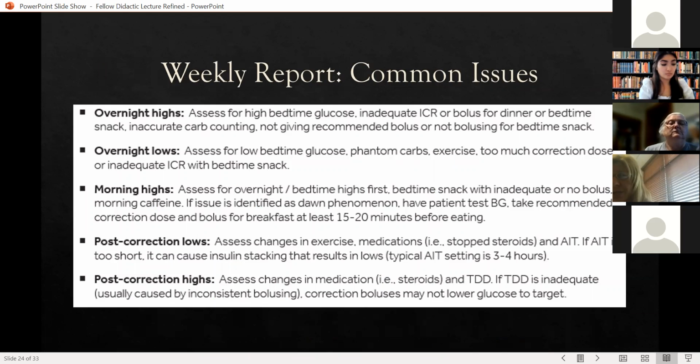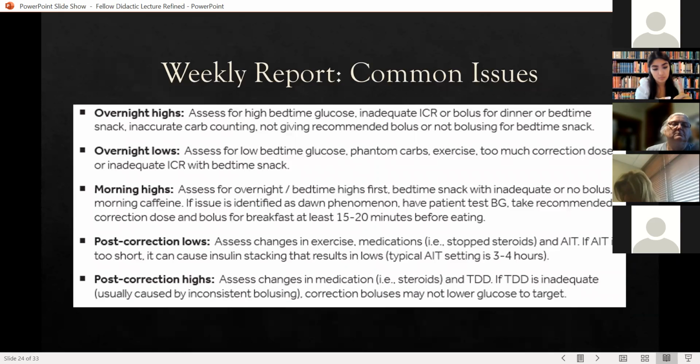Common issues that we see in pumps are overnight highs and lows. And honestly, in auto mode, that gets improved immensely. A lot of times that's why I really encourage my patients to use auto mode and to get the sensor to talk, because the highs and lows really balance out and our patients get better sleep.